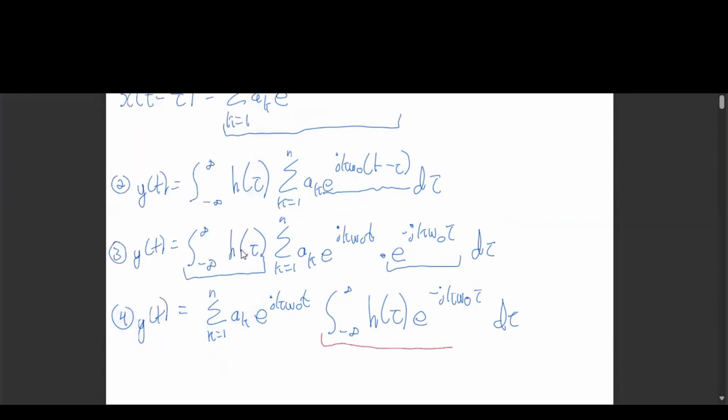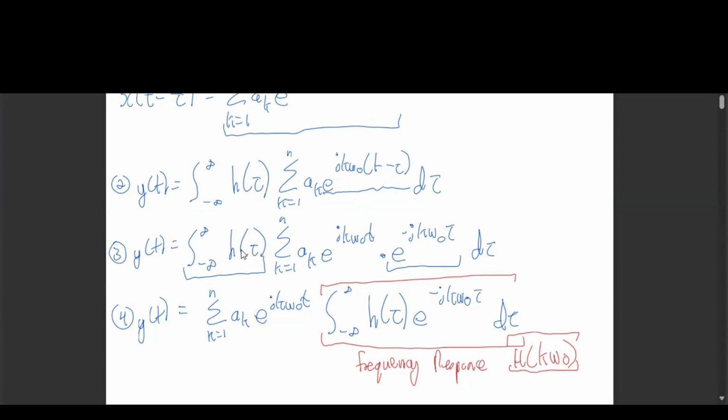This piece of the equation is known as the frequency response, and it's denoted by capital H of k omega naught. This is the frequency response of the system itself. Whatever frequencies you put into the system will be affected by this, the frequency response of whatever system it is. It affects the magnitude response and the phase response.